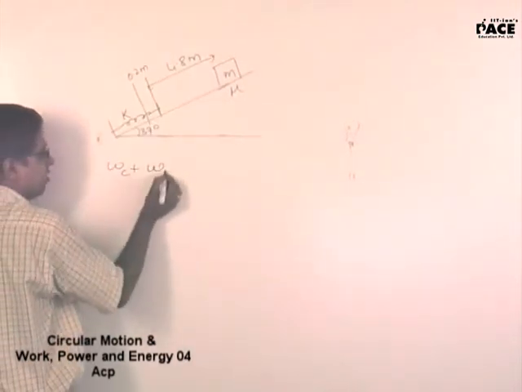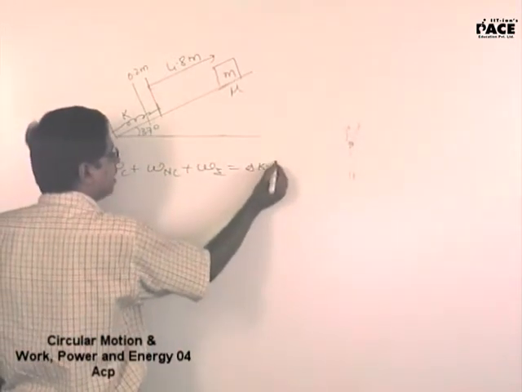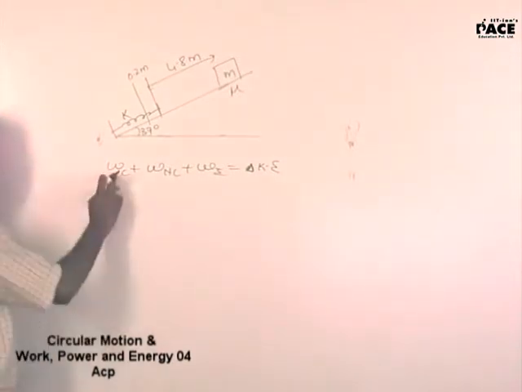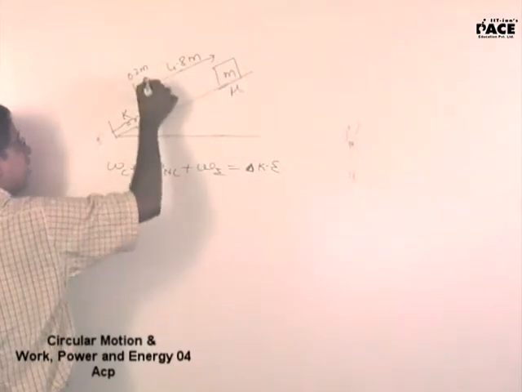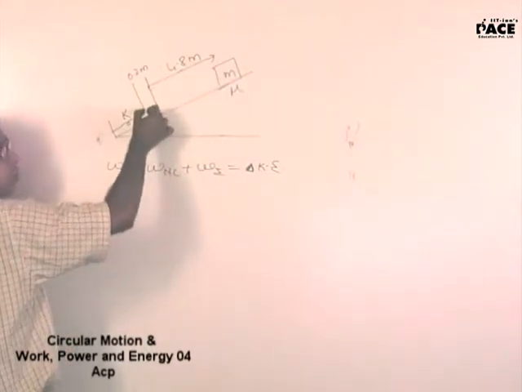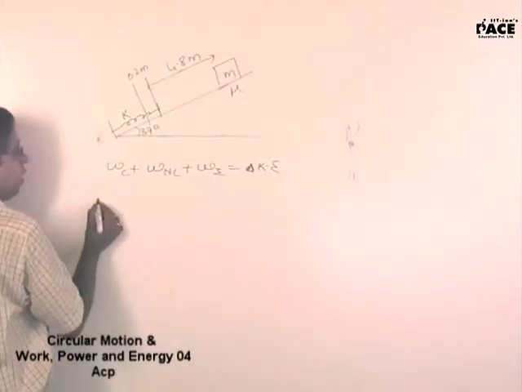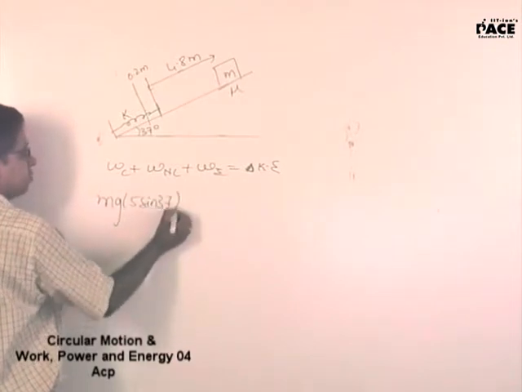Work done by conservative plus work done by non-conservative plus work done by external is change in kinetic energy. Work done by conservative in this particular case: it went down 4.8 meters, it got compressed by 0.2 meters. That means total length is 5 meters, the height will be mg into 5 sin 37.